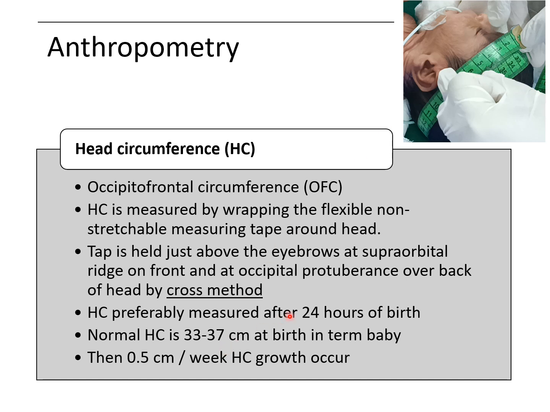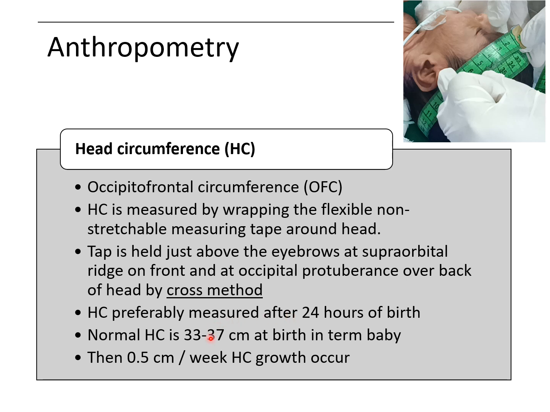And ideally head circumference should be taken after 24 hours of birth because of the molding and because of caput succedaneum. Sometimes within 24 hours head circumference will not be accurate, so ideally should be measured after 24 hours when molding has already resolved and caput has also slightly subsided.